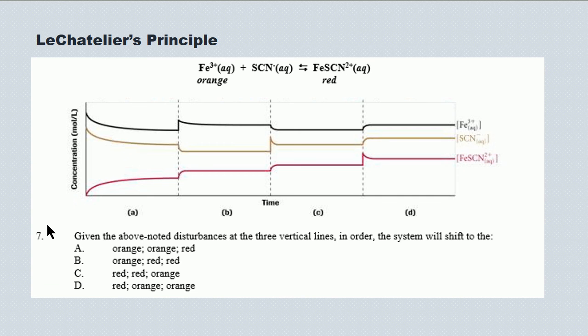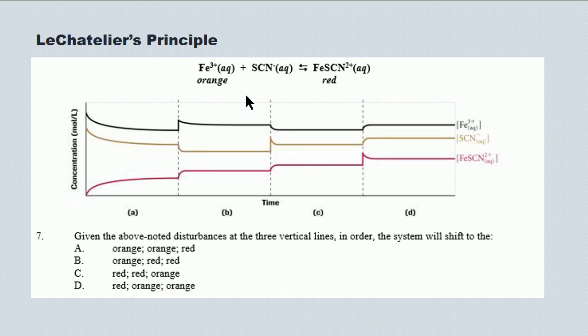Here's an interesting graph. Given the above disturbances at the 3 vertical lines in order, the system will shift to the, well, this green line reflects the concentration of the iron 3 ion, and that's the original stress at the first vertical line. So you're adding a reactant, an aqueous phase reactant, in the system. The system will shift to the right to reduce its concentration and to increase the concentration of the red product.